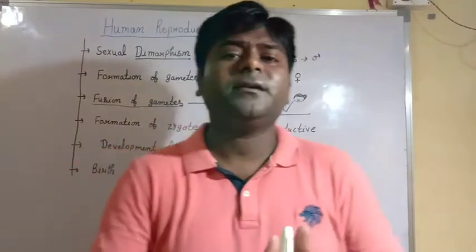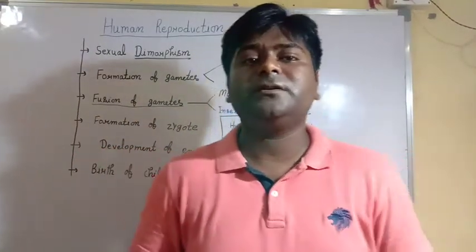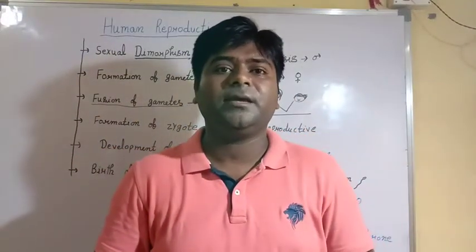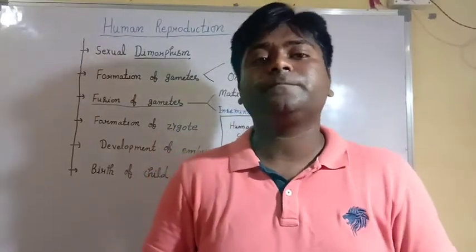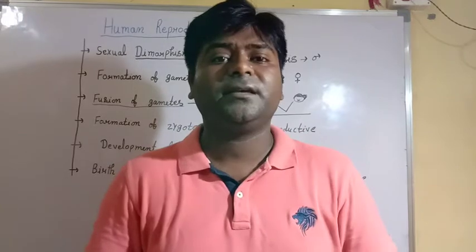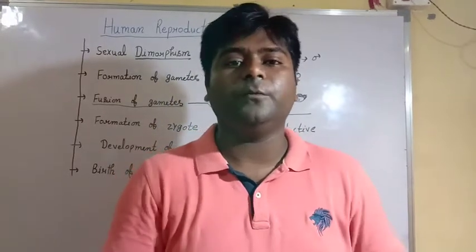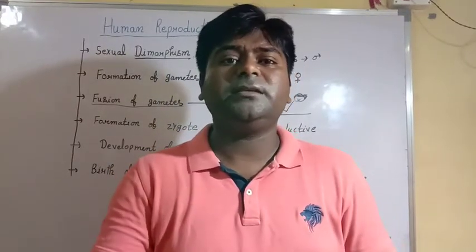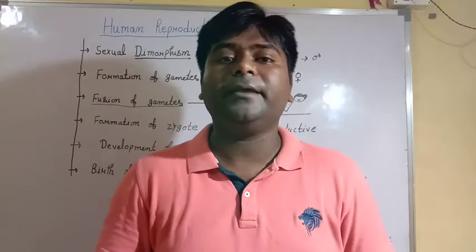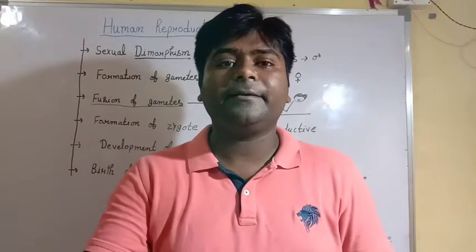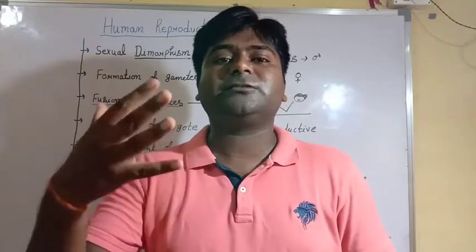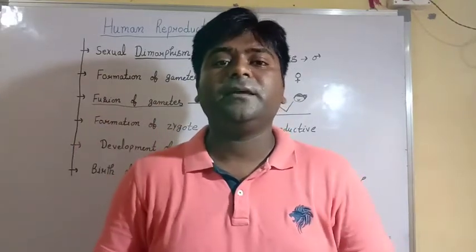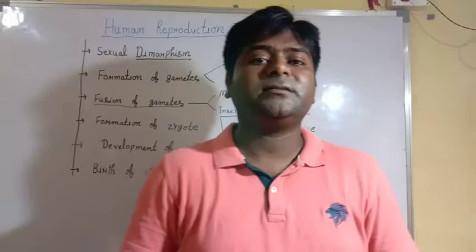These are the secondary sex organs which help in reproduction, but they are not involved in the production of gametes and production of hormones. So these are the two different characteristics of the human reproductive system: primary sex organ and secondary sex organ.